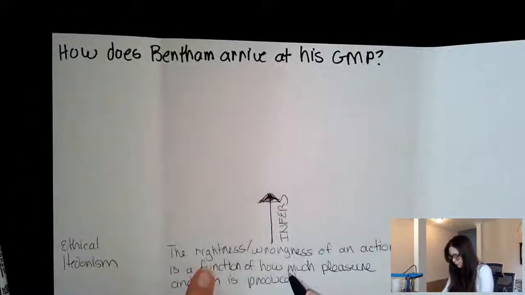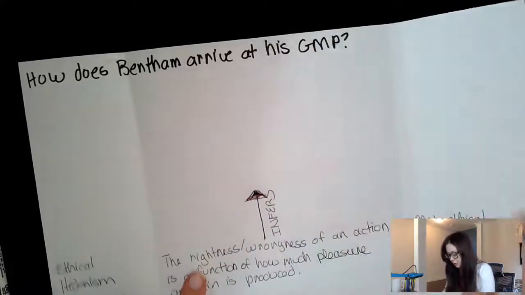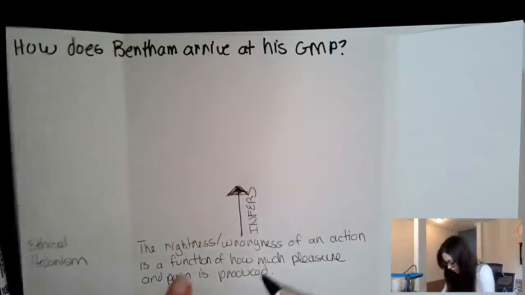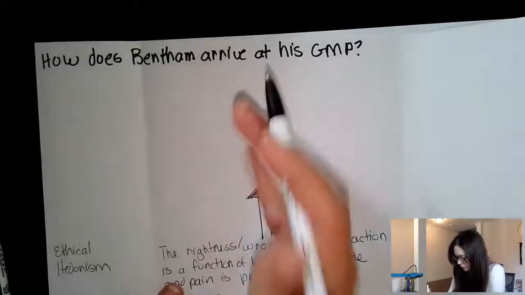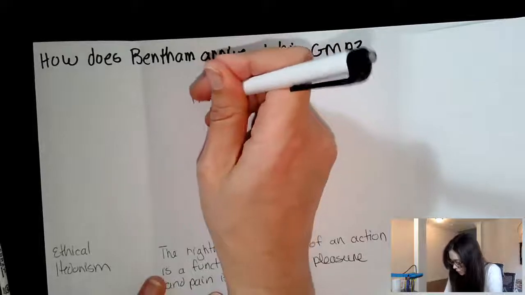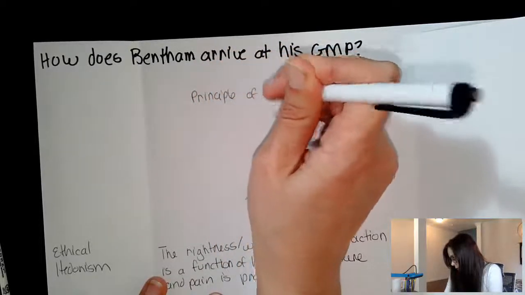So he infers, on the basis of this, believing this to be true, he derives yet another belief that he thinks is true on the basis of thinking this one is true, and that belief is named by the words principle of utility.